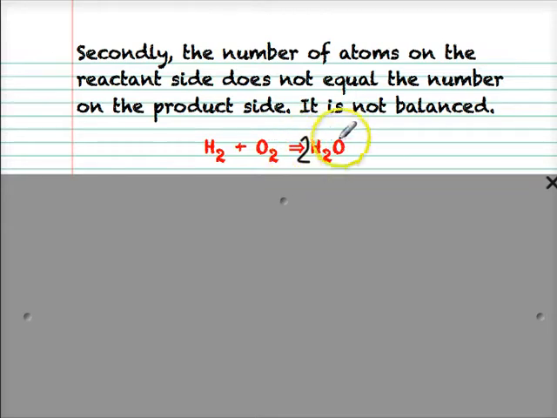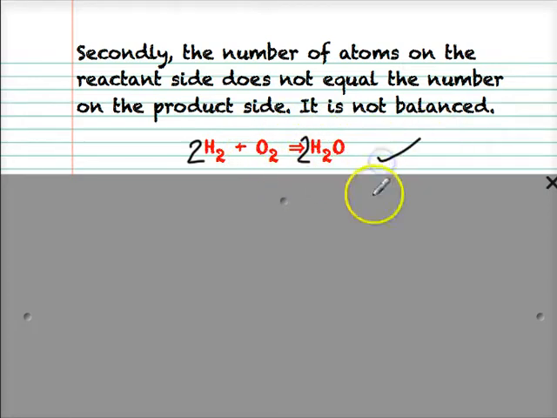However, 2 molecules of water, unfortunately, has 2 times 2, 4 atoms of hydrogen, and we only have 2 atoms here. But that's an easy fix, because all I need to do now is put a 2 in front of the hydrogen, and I have 4 atoms of hydrogen here. 2 molecules, each molecule has 2, that's a total of 4 atoms of hydrogen, 2 atoms of oxygen, 4 atoms of hydrogen, and 2 atoms of oxygen.